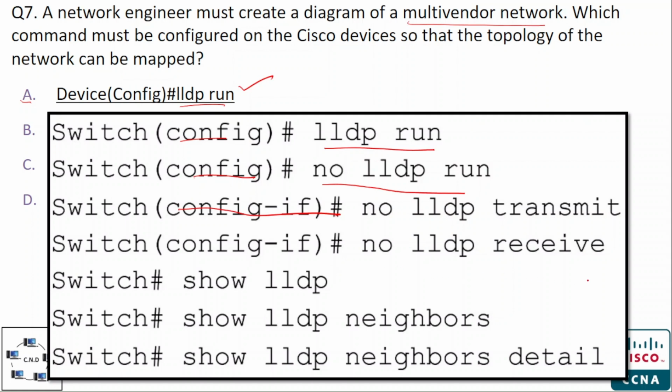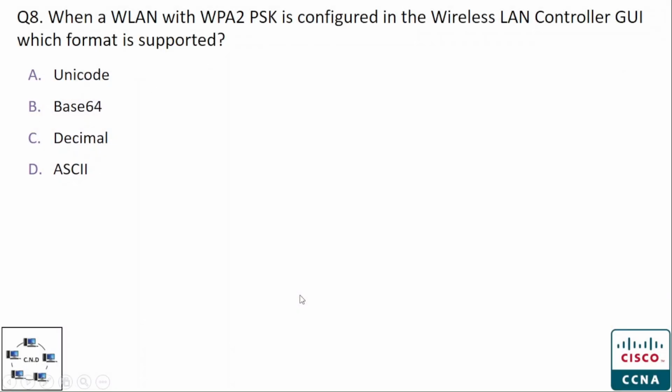And once you configure it, you can check the status of LLDP through these commands. Through these commands, you can show the LLDP configuration. You can show the neighbors that are being discovered through LLDP, and you can see the details of the neighbors that are discovered through this LLDP protocol.